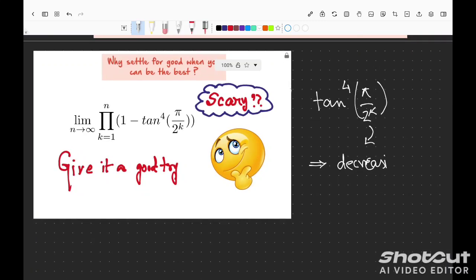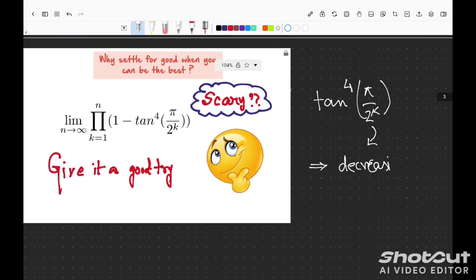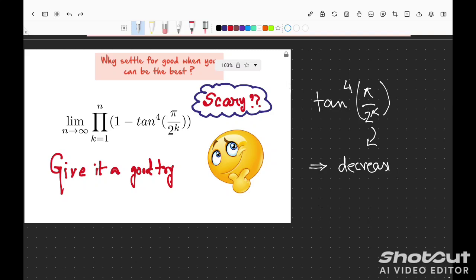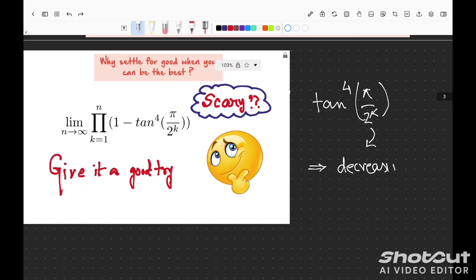This page is just wobbling up and down. So this is a decreasing GP with a common ratio of 2. It's pretty much clear. So we need to find a factor of 2 in tan of theta, which can be useful.